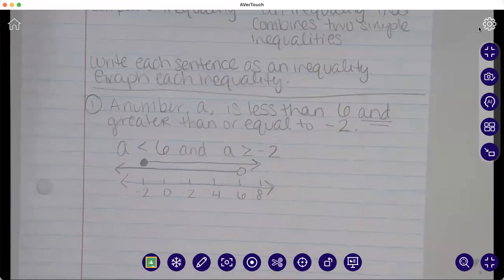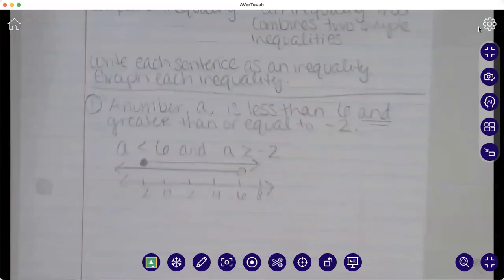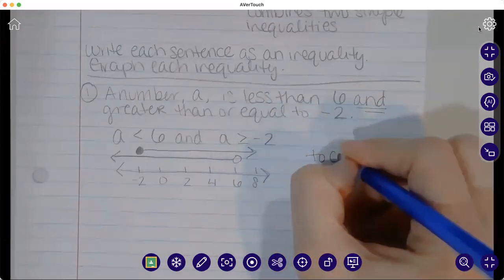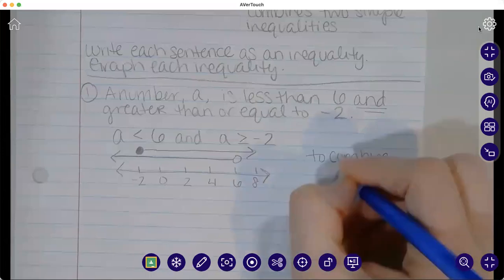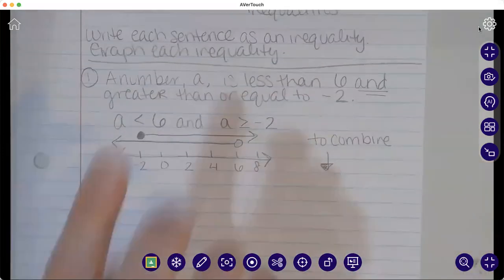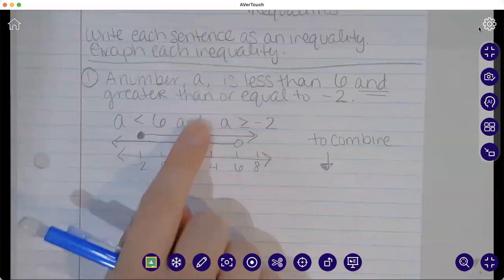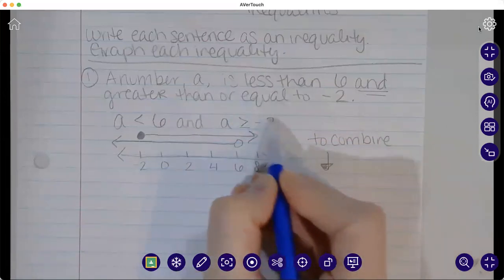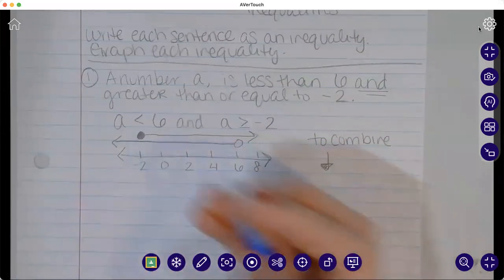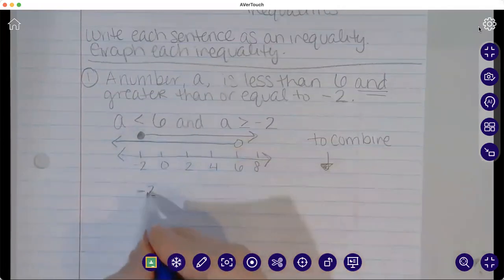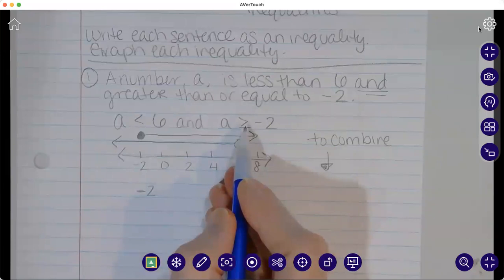And so we're actually going to rewrite this so that it looks more like a compound inequality put together. So to combine, we're going to go down. Rather than writing it as two separate statements, because it's an and statement, we want them put together. You take the smaller number, which is -2, and use the inequality sign where it faces towards the variable.